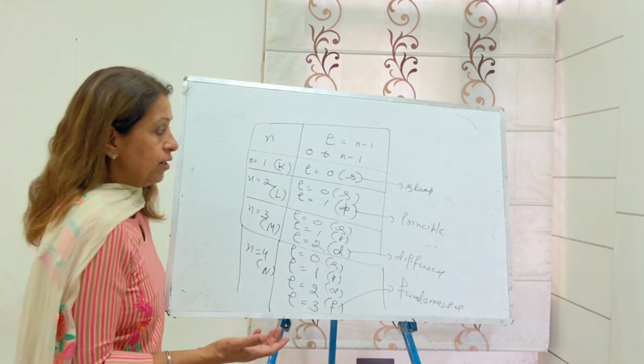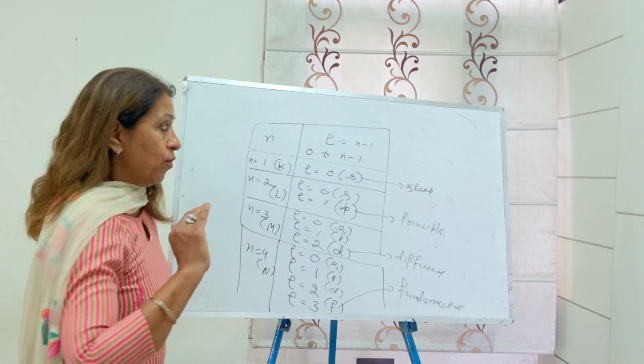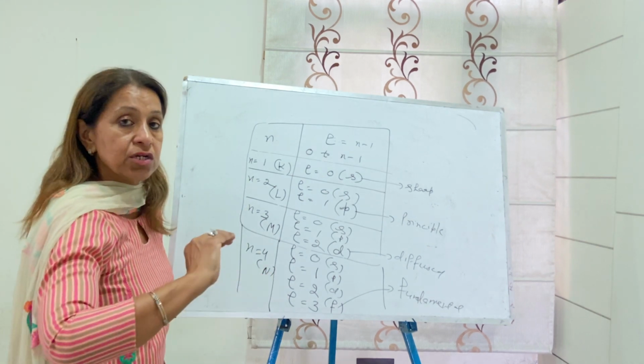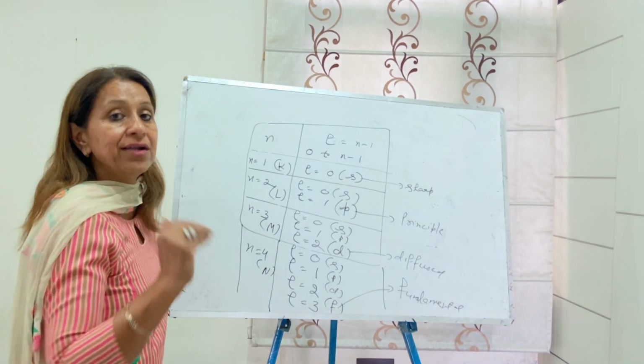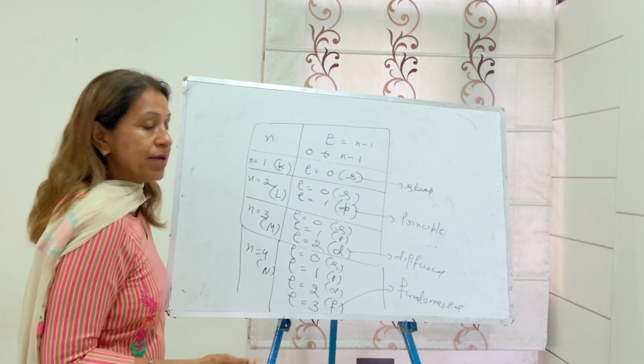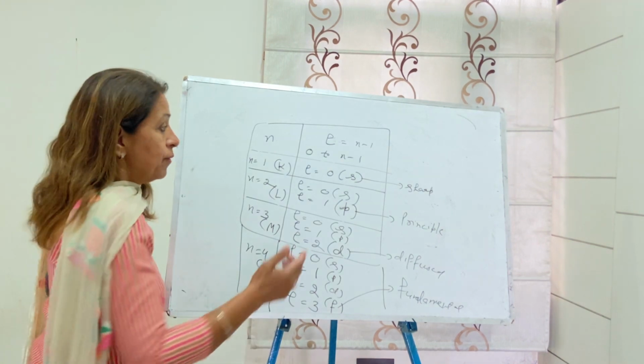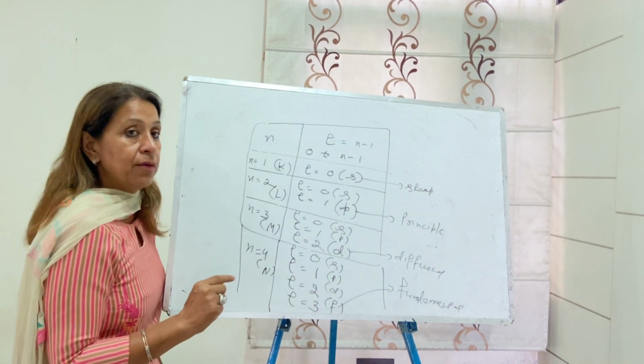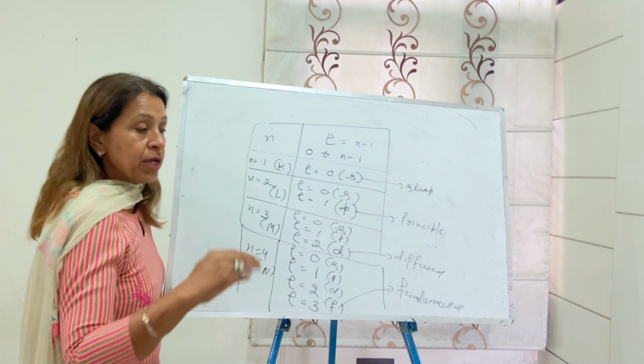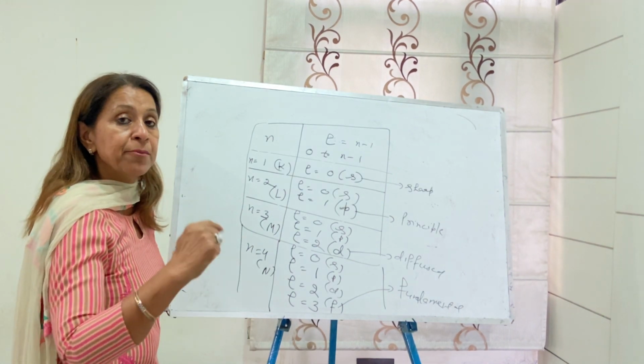Now let us look at this azimuthal quantum number in detail. This is the way I have calculated. Have you noticed the number of subshells? The number of subshells is always equal to the number of the shell.